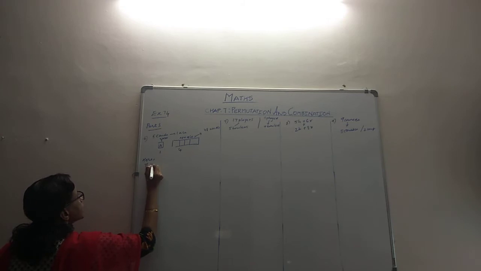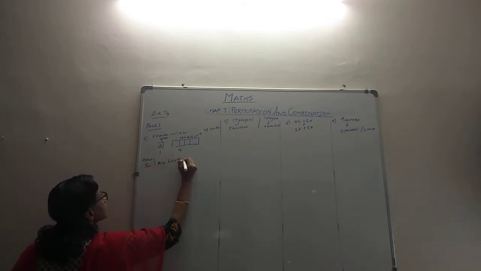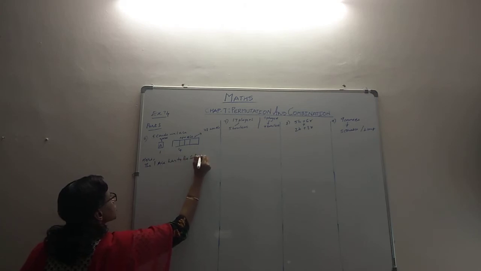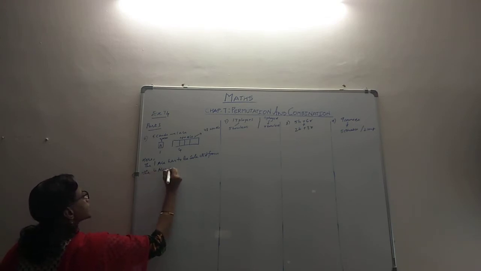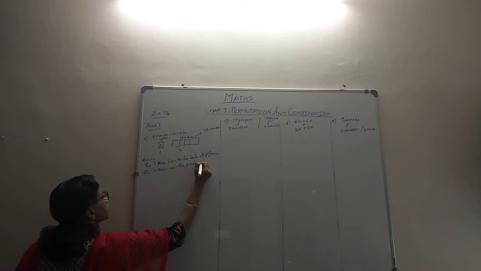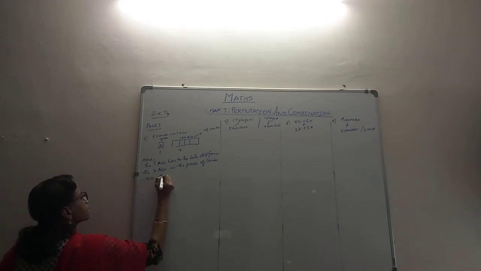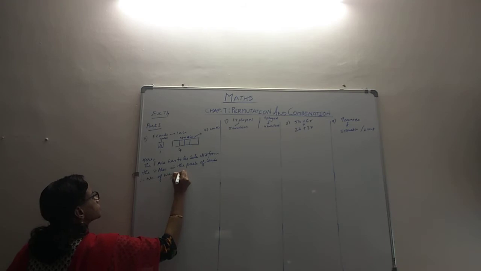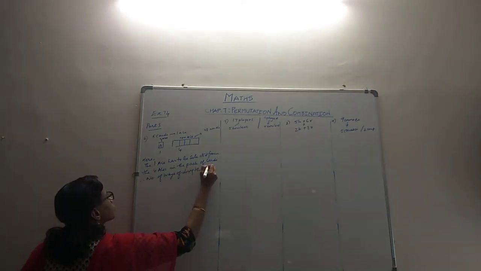The one ace has to be selected from the 4 aces in the pack or in the deck. Therefore, number of ways of doing it: 4C1.